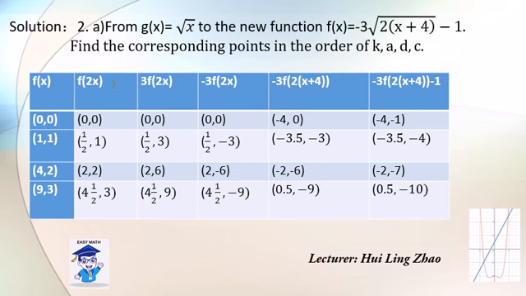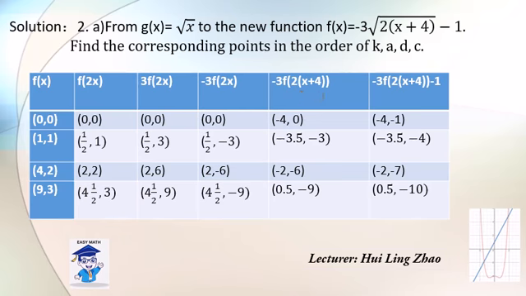And the next column puts the k in the function, f(2x). And then the third column also puts the a in the function, 3 times f(2x). The next column puts the negative, or a is negative 3 times f(2x).